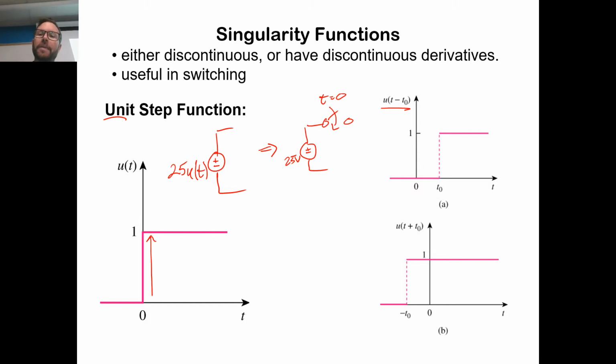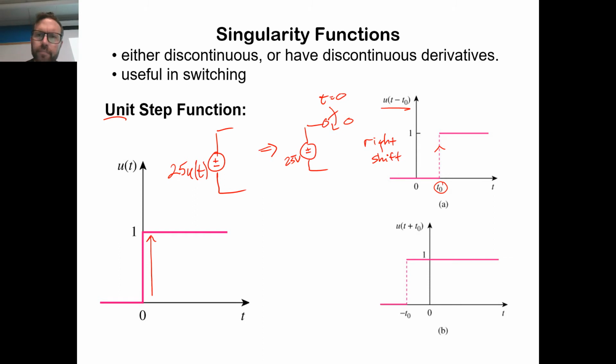If it's happening at t naught instead, it's going to turn on at t naught. Then you just write it as 25, or whatever the voltage is, times u of t minus t naught. You just shift that function horizontally to the right or left. This is a right shift. This is just like from basic functions all the way back to pre-calculus or calculus, whenever you start looking at how functions shift in time, maybe even trigonometry when you're looking at phase shift.